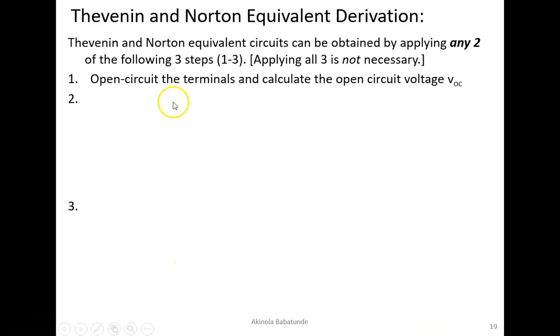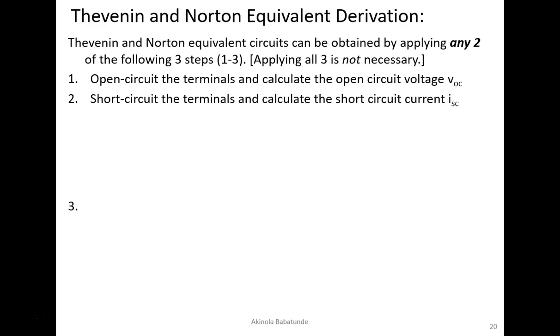The first step is you open circuit the terminals and calculate the open circuit voltage. This we have learned how to deal with, how to find the open circuit voltage and what that means. We have talked about that in this lesson and even in previous lessons. Then the second step is to short circuit the terminals and calculate the short circuit current, which is the same thing as the ISC.